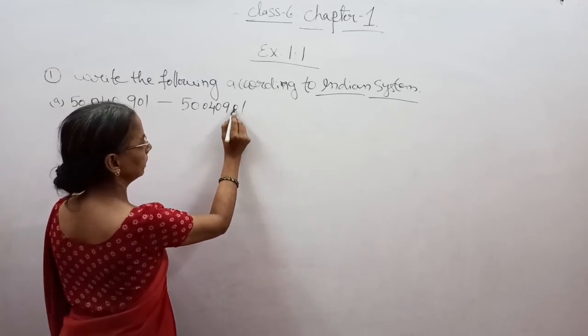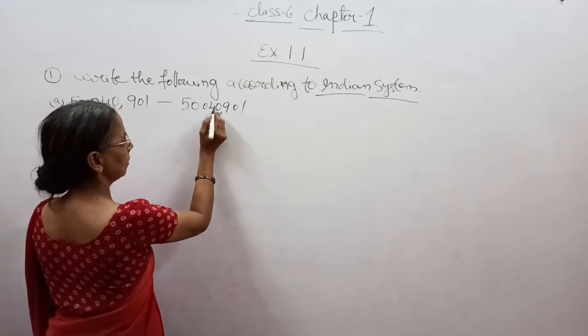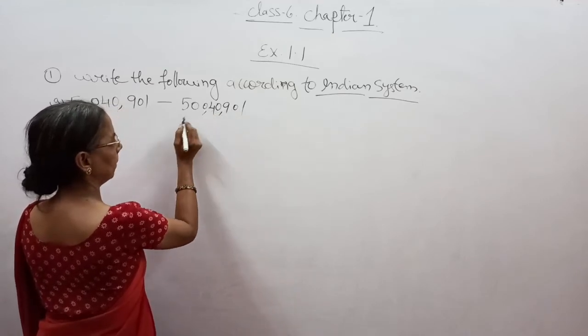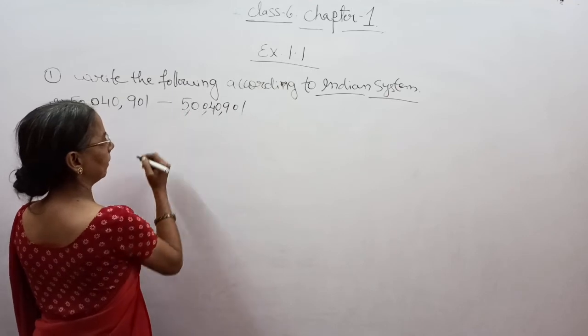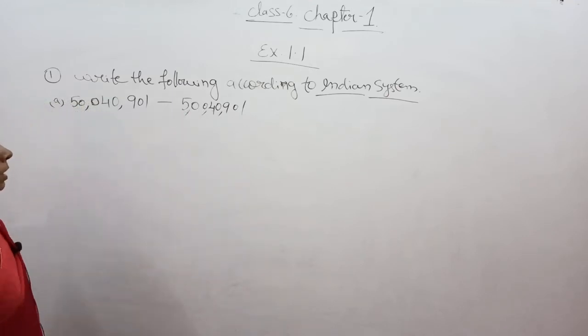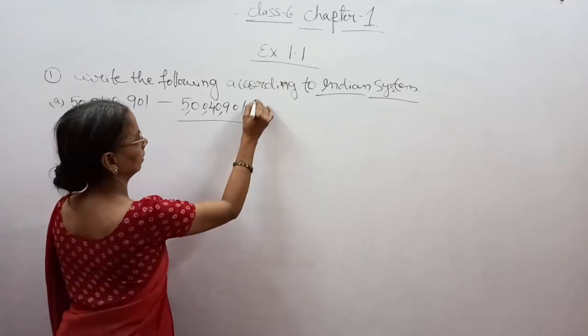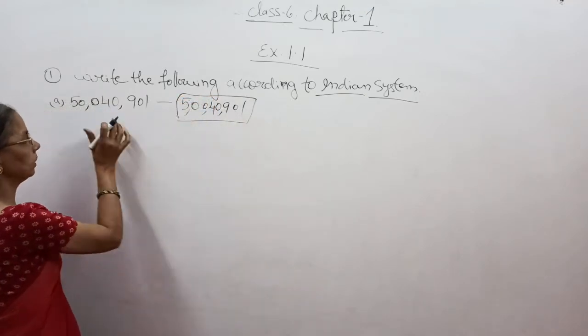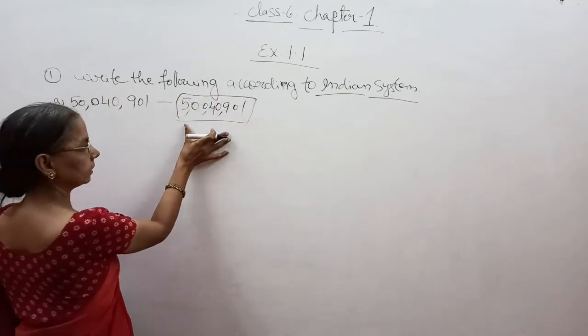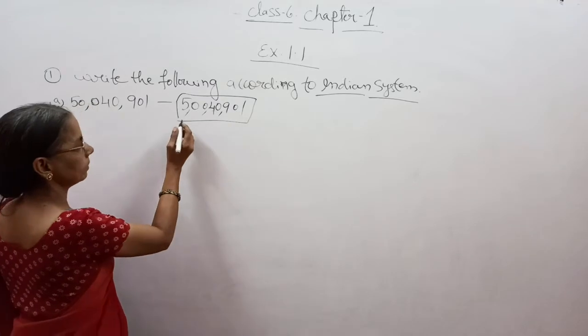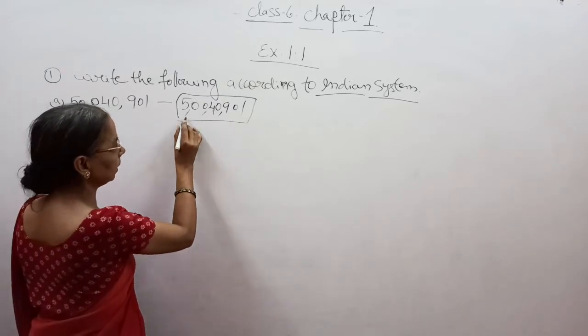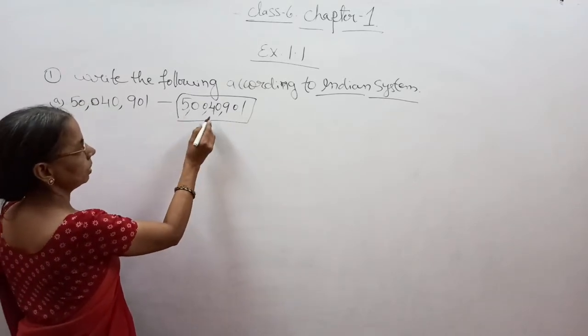That is ones, tens, hundreds, comma, thousand, 10,000, comma, lakh, 10 lakh, comma, and then it is crore.